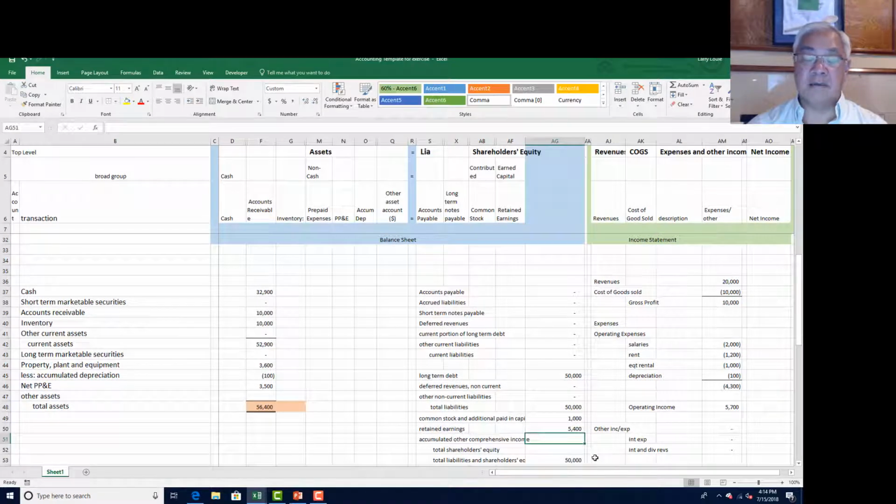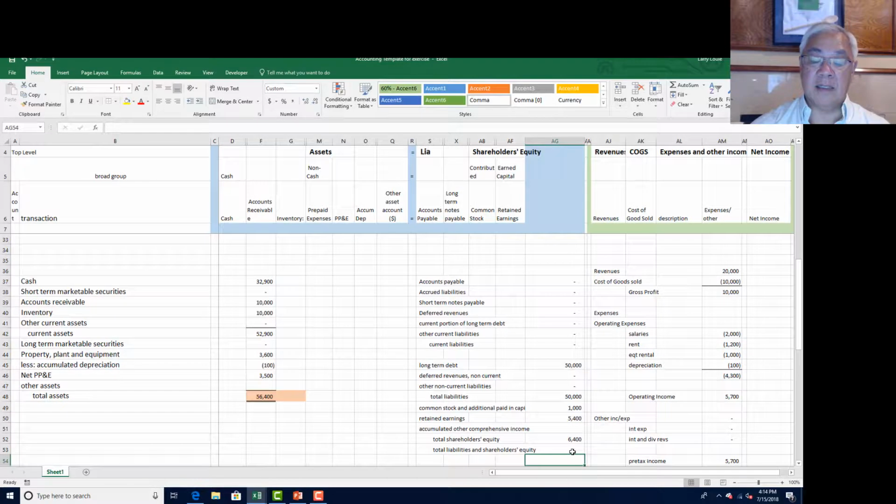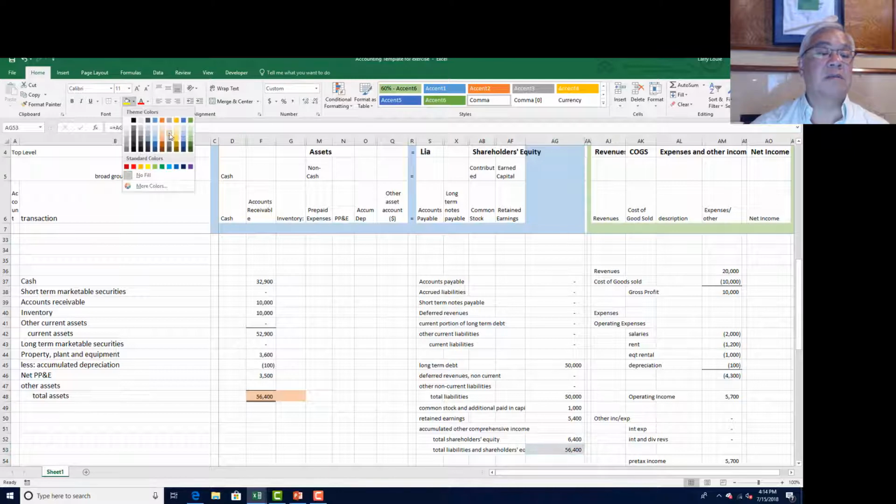And so let's see what we got. Total shareholders' equity is equal to 1,000 plus 5,400. And total liabilities is 50 plus the 6,400. And this number, thankfully, equals this number.